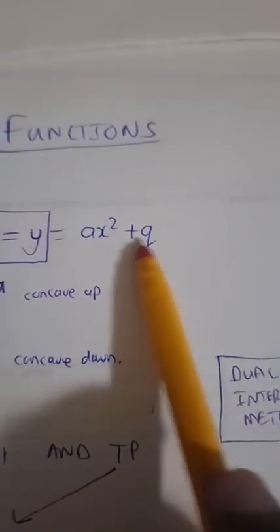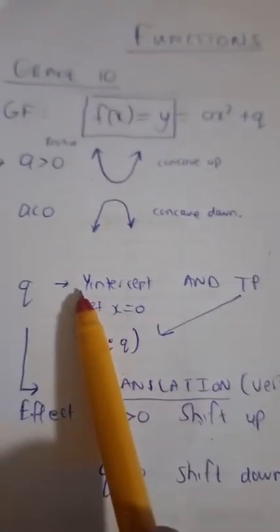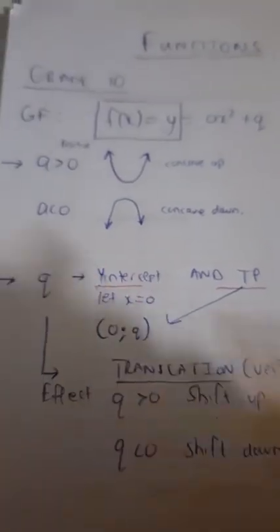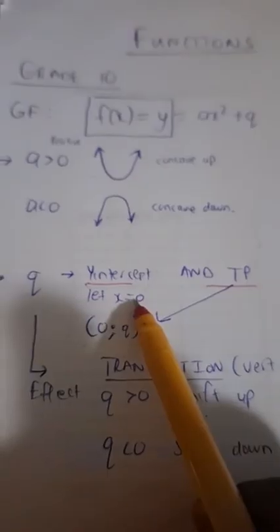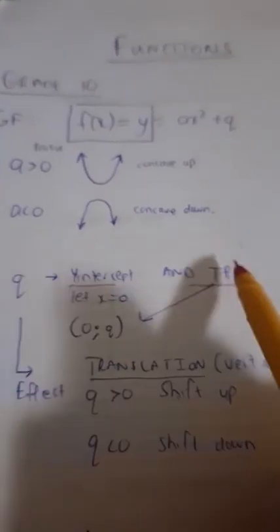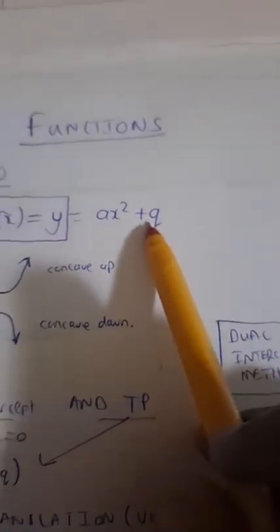And then the q value, this parameter q, informs us about the y-intercept. It also informs us about the turning point. To find the y-intercept for any function, we let x be equal to 0.